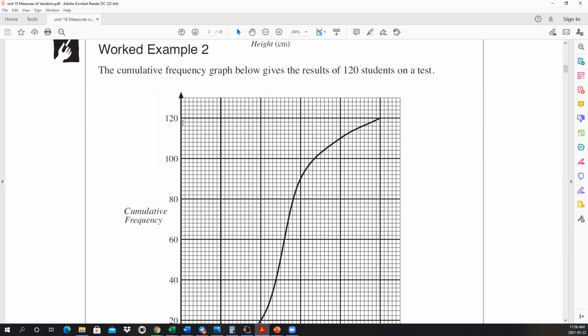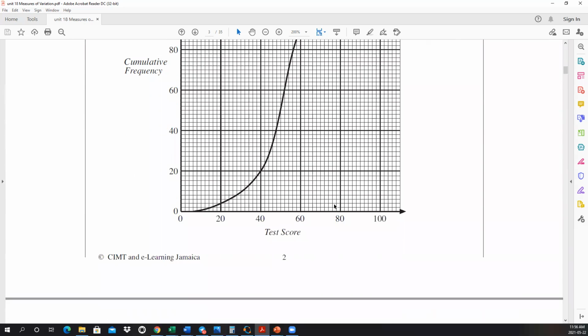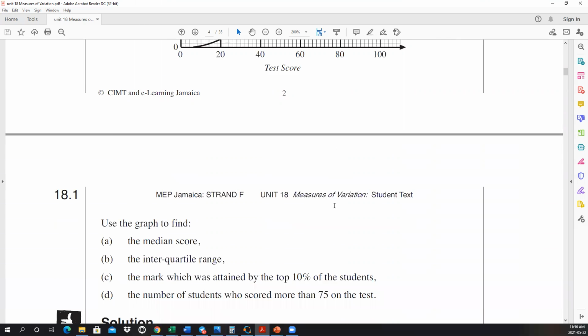So now you would count from 120 and come down 12, that's 108. I think this is about 110. Let me go right there. So 108, and you come across about here. I can't line it up so good. So around here, if I come down, this looks like 78 there.